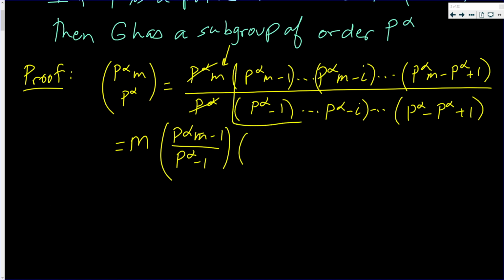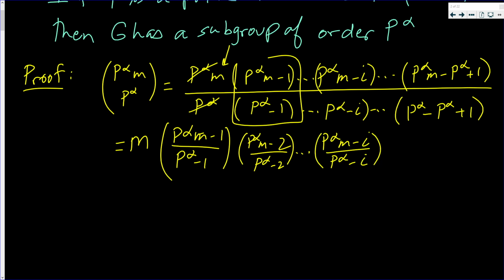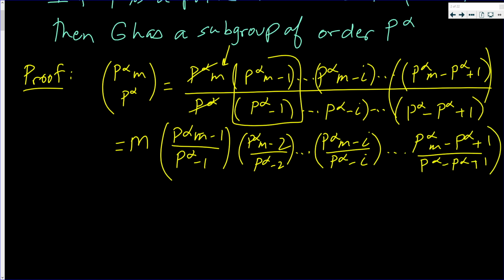So I group those. You have p to the alpha m minus 2 over p to the alpha minus 2, all the way down to p to the alpha m minus i over p to the alpha minus i, and eventually the last fraction, p to the alpha m minus p to the alpha plus 1 over p to the alpha minus p to the alpha plus 1.